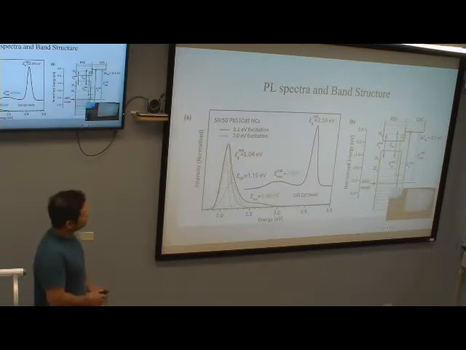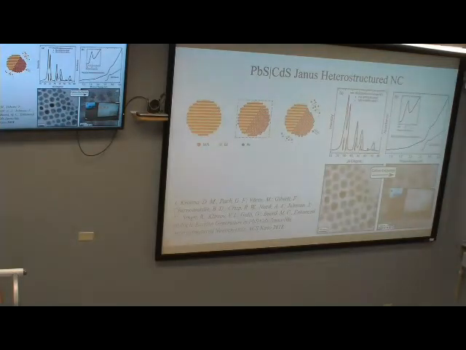Because again, if we want to separate the charge, and let's say you excite, your electron is on one side and the hole is on the other side, right? They are spatially separated, then they have not a good chance to return back and emit light. Right? So that's why I'm asking, are they still emitting? Because two things contradict each other. If you have well separated charge, then the emission should actually be reduced.